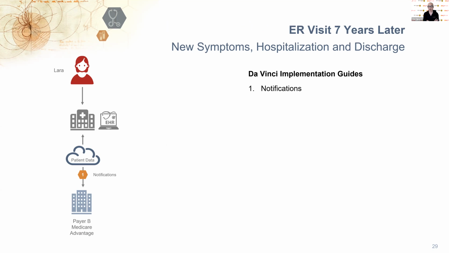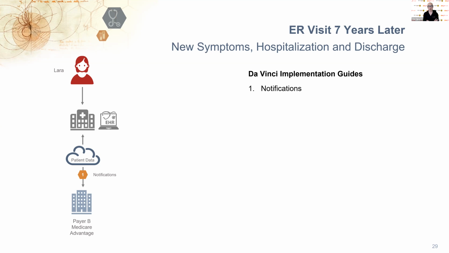What we came to realize during the development of this implementation guide was that there was new work being done by the Argonaut group around subscriptions and improving the way subscriptions worked. And so the decision here was to finish up this implementation guide for a FHIR messaging approach as we wait for the subscription approach to finish its balloting and its testing.